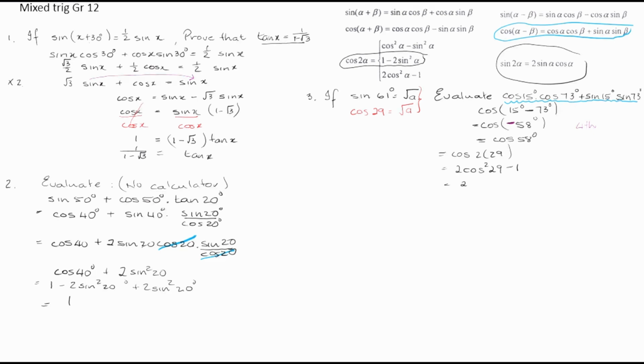We can put in root A minus 1, and that is squared, so your final answer is 2A minus 1. So that one is actually very nice. Just watch what I did up here in red, please, and also watch this fourth quadrant angle. If you don't like that method, add a whole revolution onto the negative and go and work with your CAST diagram.